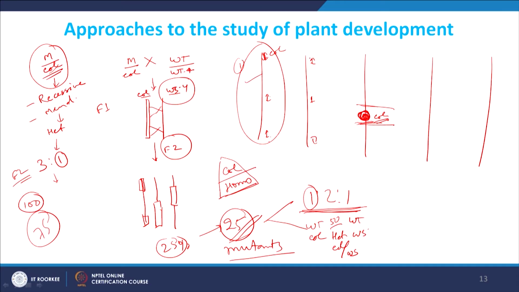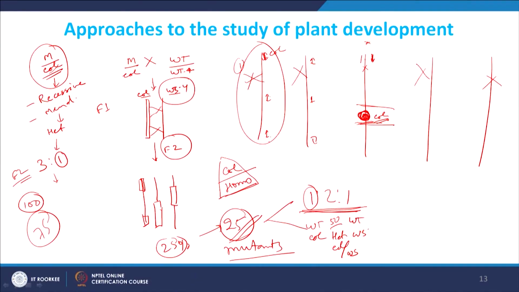Similarly, you rule out this chromosome, you rule out this chromosome, you rule out this chromosome. But once you reach this chromosome, and if your mutation is here, if you look at a marker which is present here, since this is far from the site of mutation, there is still a possibility that there is a crossing over event here.